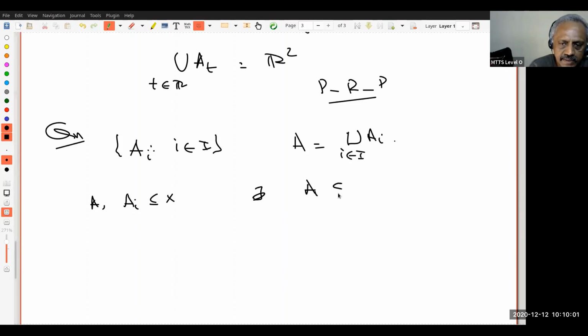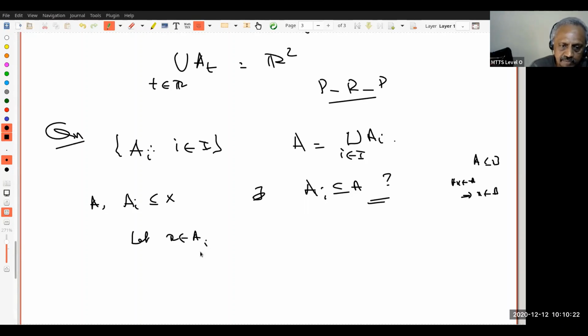Whether A_i is contained in A. This is an obvious question. You understand that? So when do I say A is contained in B? Give me any x in A, I have to show x is in B, right? So let x belong to A_i. I want to know whether x belongs to A. But then if x belongs to A_i, that means there is an i in I so that x belongs to A_i, that means x belongs to the union of A_i.